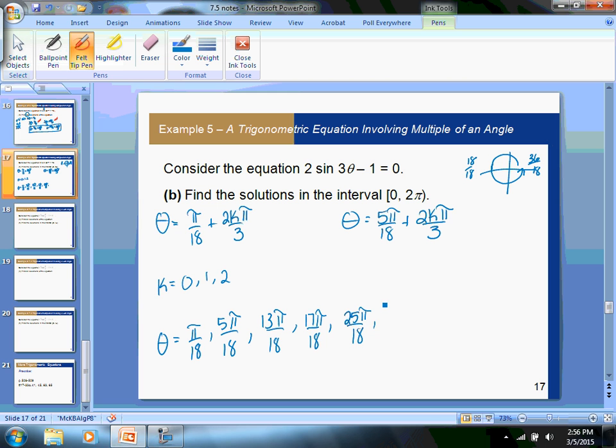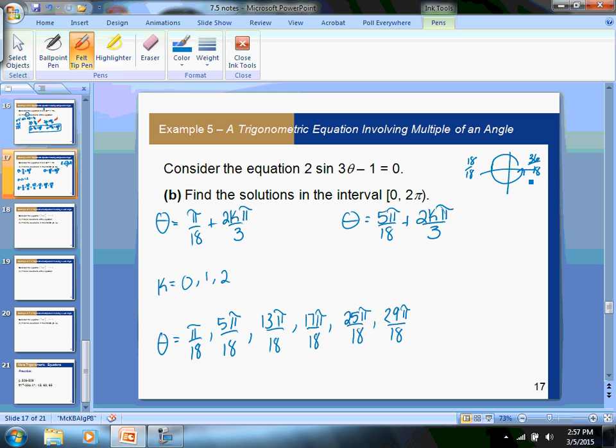And then if I substitute in a 2 here, again, this gets me 4 pi over 3 plus 5 pi over 18. That gets me 29 pi over 18. So that's very close to my 36.